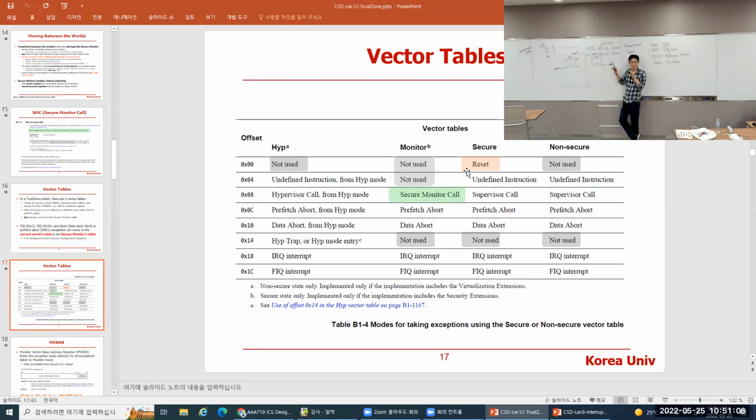So again, ARM was trying to make minimal changes to the CPU. Almost everything inside the CPU is shared between these two. The register file is shared, the general purpose registers, right? ALU, floating point unit, NEON vector processing engine. Almost everything is shared. But some cannot be shared, like the vector base, because you need to use your separate vector table.